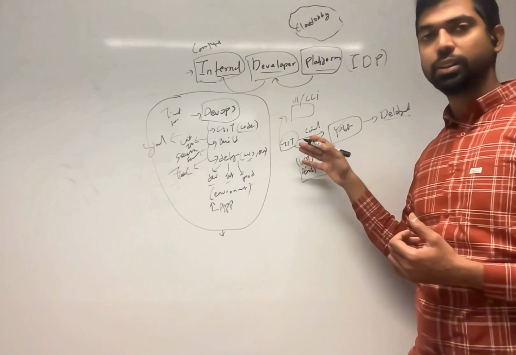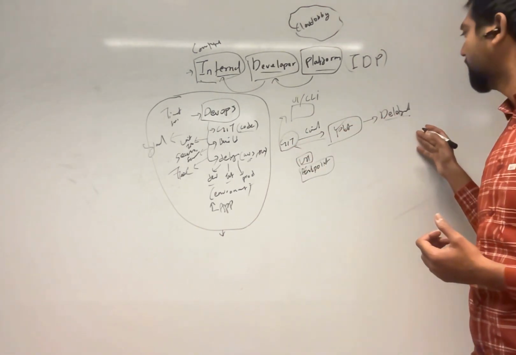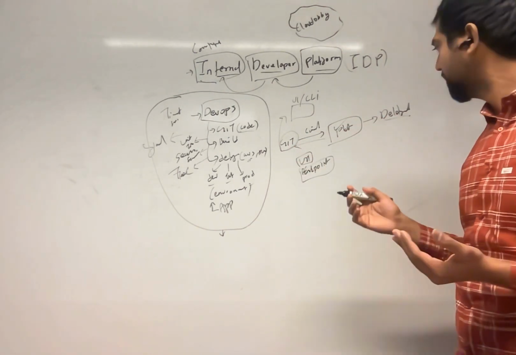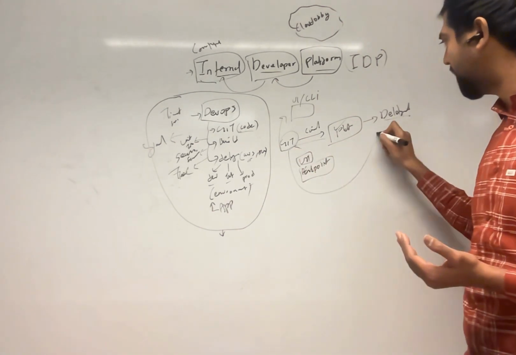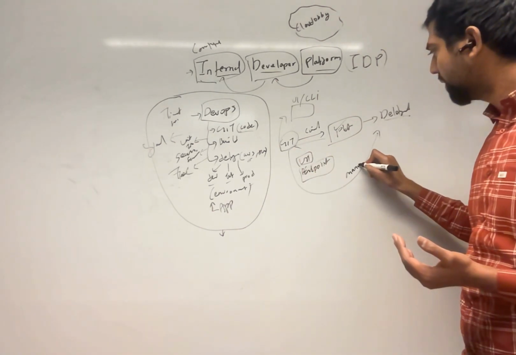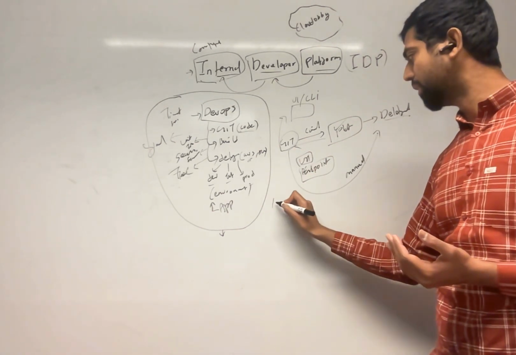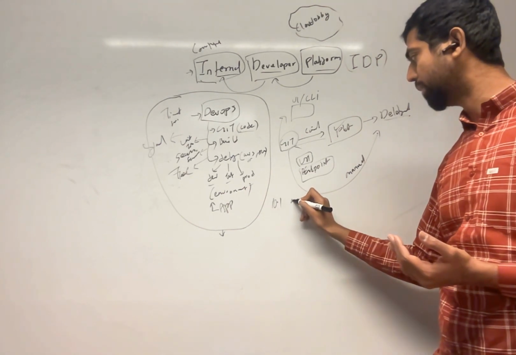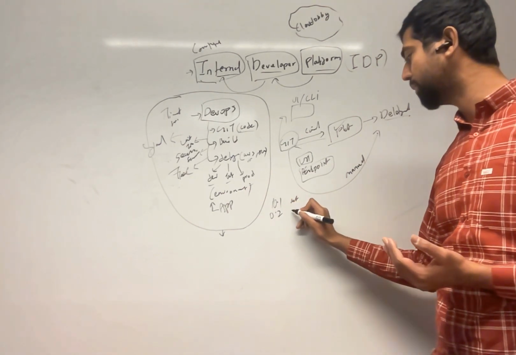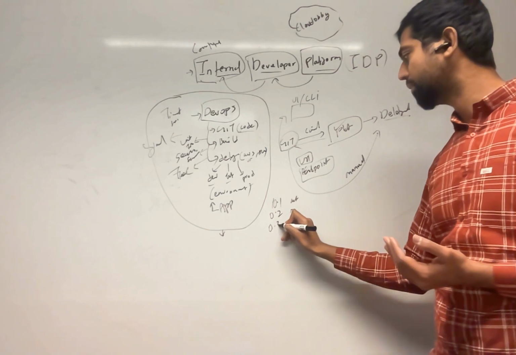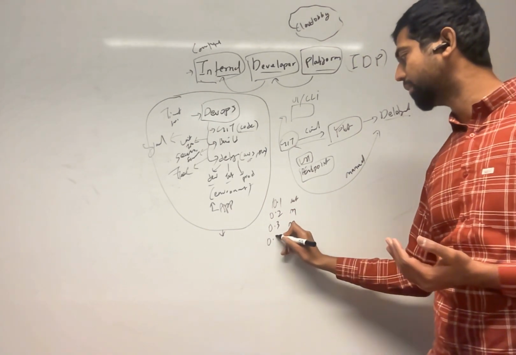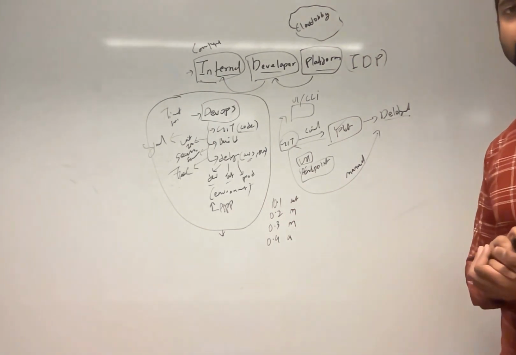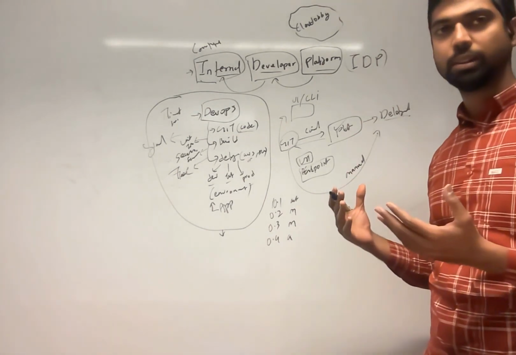For example, when you are deploying with a platform, now you are going to do some deployments manually. What happens: version 0.1 you deployed automatically, version 0.2 you did manually, version 0.3 manually, 0.4 automatically.